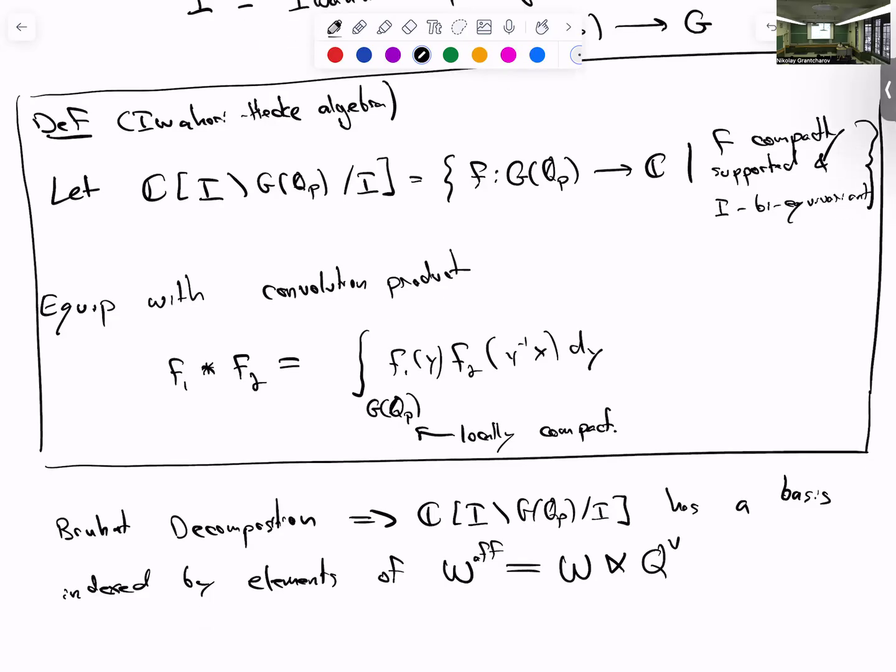So here W will be the finite Weyl group and Q is the coroot lattice of G.